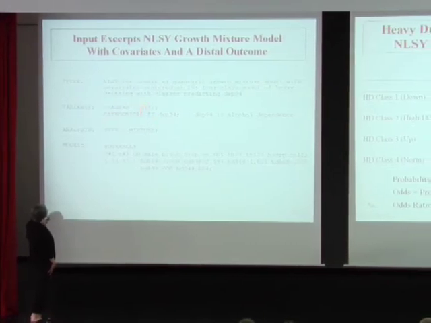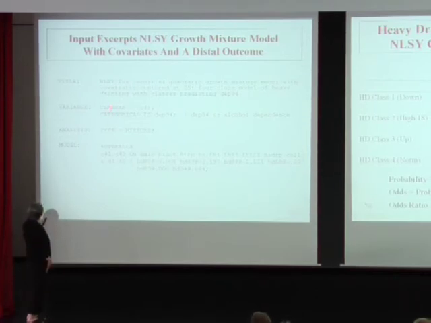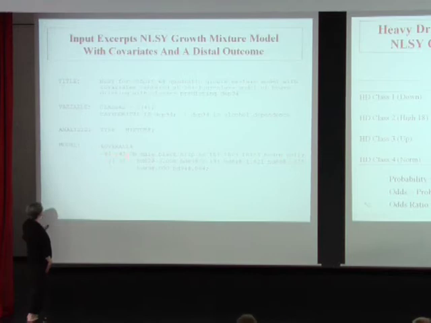We don't show all of the full input, so we don't have the names of the variables or anything. But we have 4 classes. The distal outcome is DEP94. And see in the model command, we have the multinomial logistic regression as the first line, C#1 dash C#3 on the set of variables.